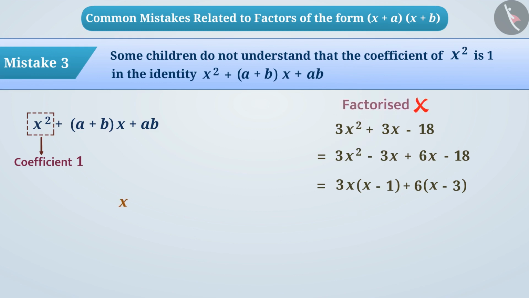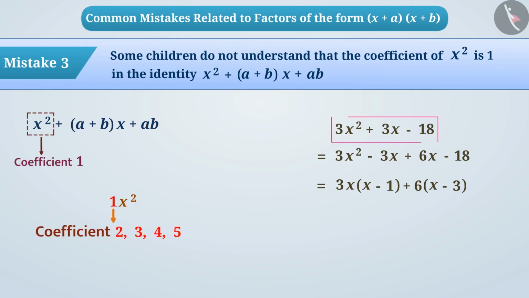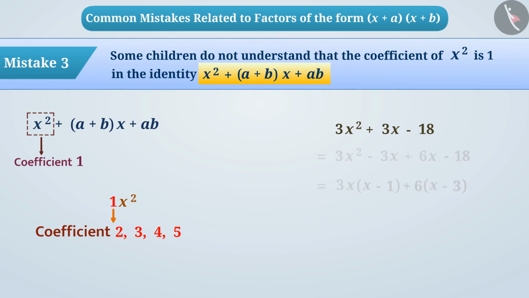Note that if the coefficient of x² is any number other than 1, rearrange the expression and bring it in the form x² + (a + b)x + ab. For example, here if we take 3 common from all terms, then we get 3(x² + x - 6).